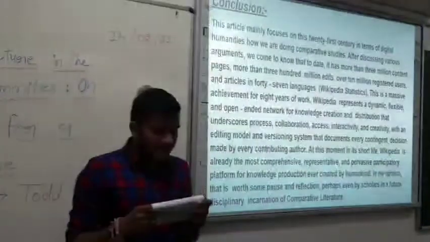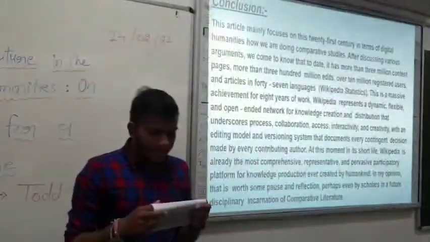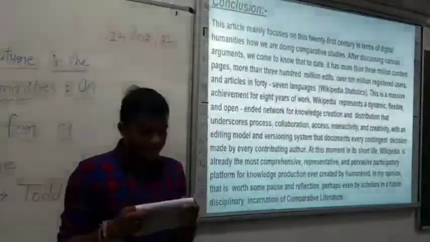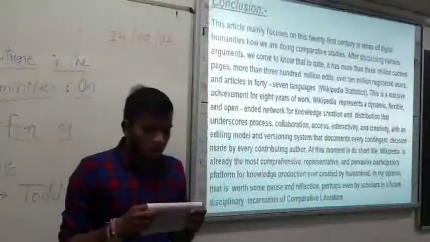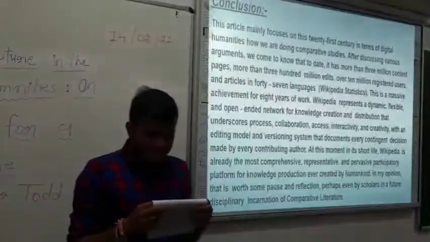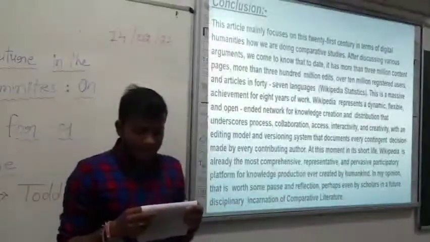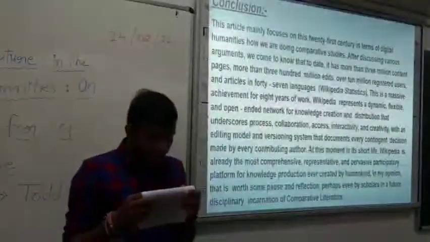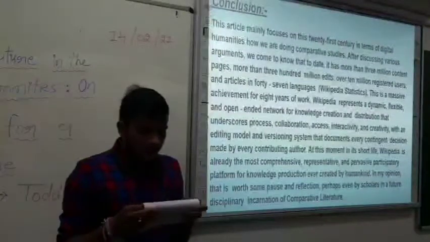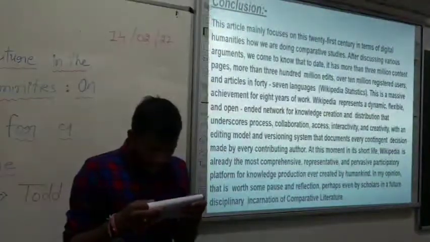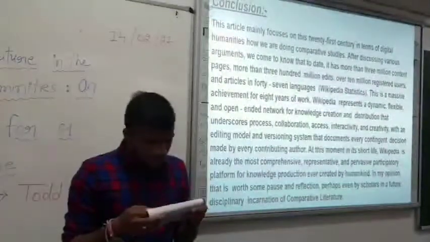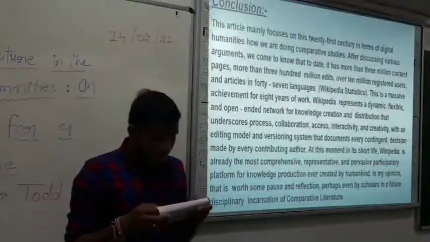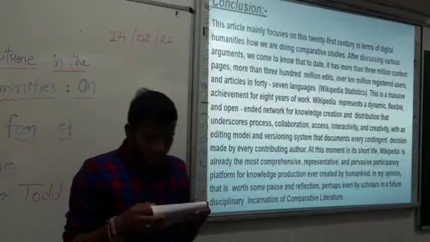Wikipedia represents a dynamic, flexible, and open-ended network for knowledge creation and distribution that underscores process, collaboration, and access, interactively and creatively, with an editing model and various systems that document every contingent decision made by every contributing author.